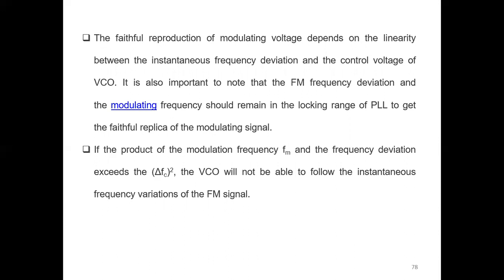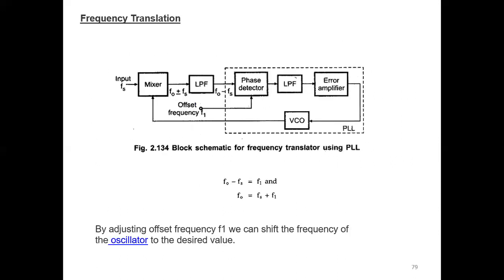It is also important to note that the FM frequency deviation and the modulation frequency should remain in the locking range of the PLL to get a faithful replica of the modulating signal. If the product of the modulation frequency fm and the frequency deviation exceeds delta fC squared, the VCO will not be able to follow the instantaneous frequency variations of the FM signal.